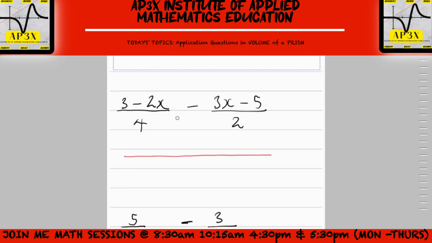But there are times, for example here, where if you multiply, you don't necessarily get the lowest common multiple, you end up getting a multiple, which causes you to then have to simplify when you get down to this stage here. So here I'm just going to be using the LCM of 4, because 4 can go into 4 and 2 can go into 4. Again, if you use 8, that is also just as correct.